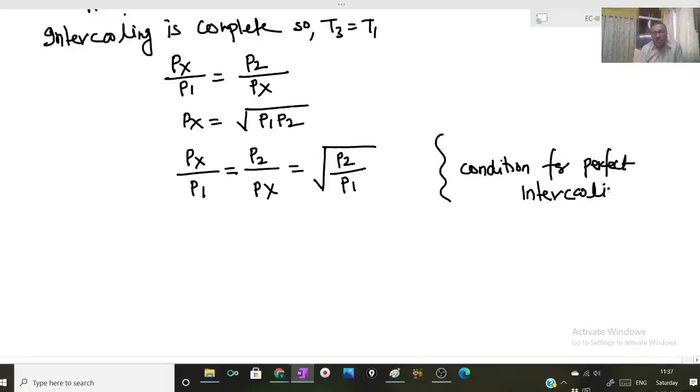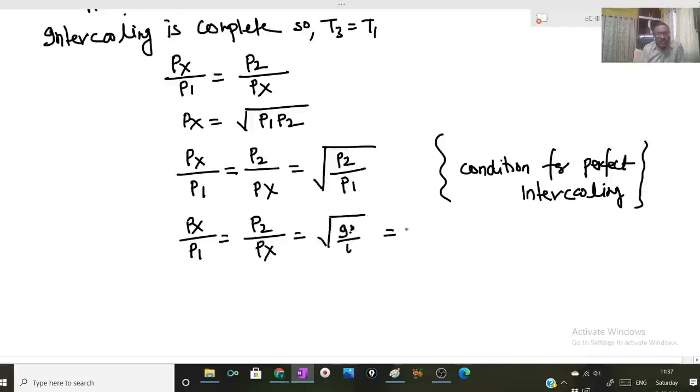We have discussed this while discussing intercooling. Now from here I can get this ratio Px by P1 or P2 by Px. It is square root of 9 divided by 1, which is equal to 3.